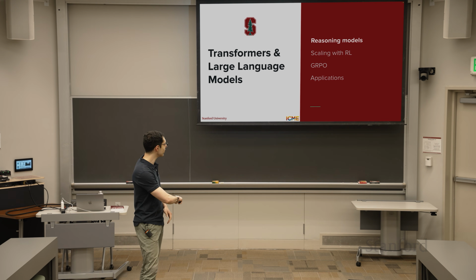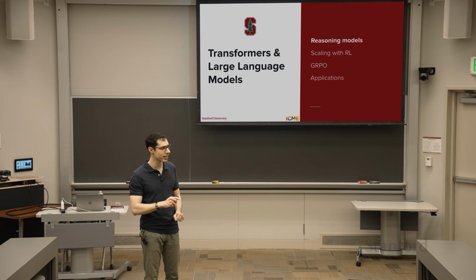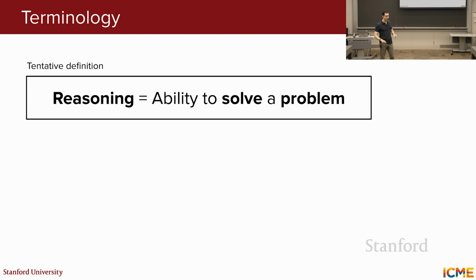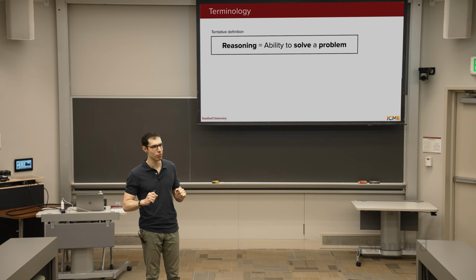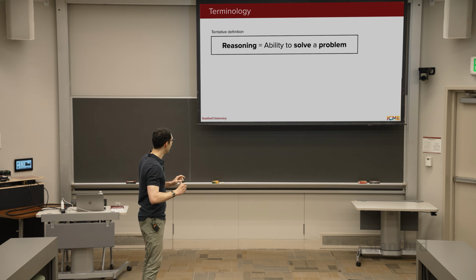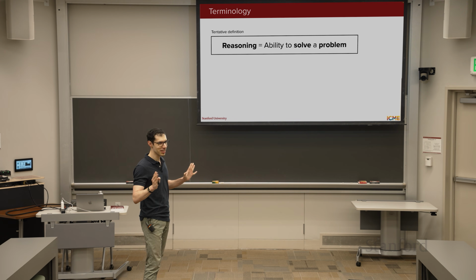OK, so let's start with reasoning models. What are they? Well, to answer this question, we first need to define what reasoning is. And the bad news here is there's not a commonly agreed upon definition out there of what reasoning is. So I will try to define it to the best of my ability.